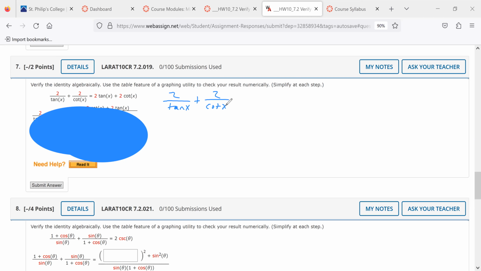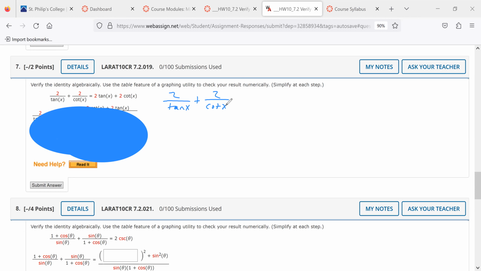So I need to get to the right side. Actually, maybe this is not too bad after all. So with that, would you basically just multiply the numerator by the denominator to get rid of the fractions? You could.